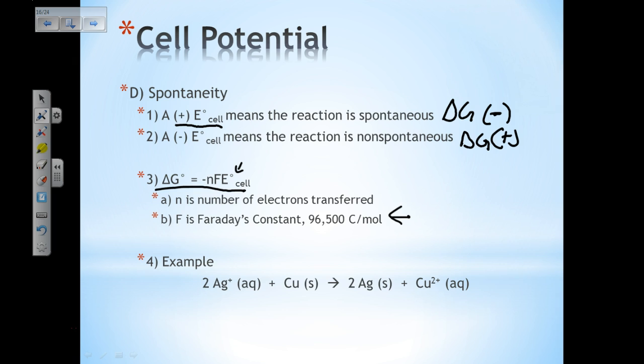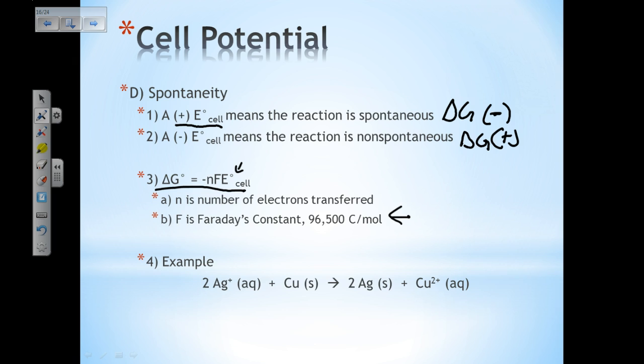Okay, so here's an example right down here. This reaction I've used in the past. I showed you how to get the cell potential of this. I probably balanced this with electrons, so we have all our information.